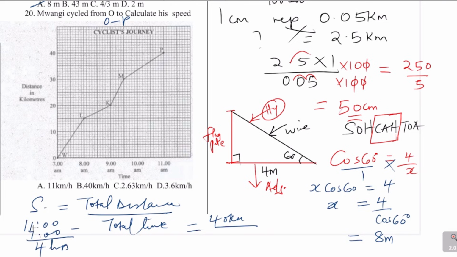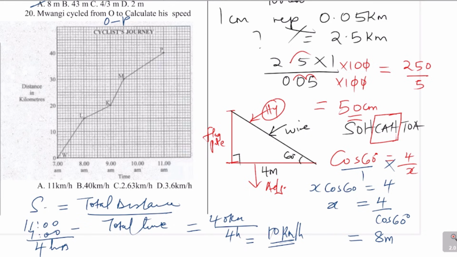When you subtract 11 minus 7, those are 4 hours. Count them this way: 1, 2, 3, 4. So the total time taken for the whole journey will be 4 hours. That will give 40 divided by 4, which gives 10 kilometers per hour.